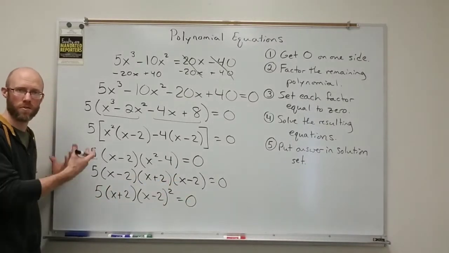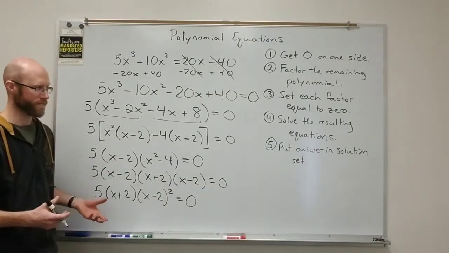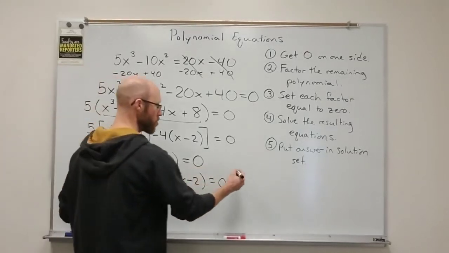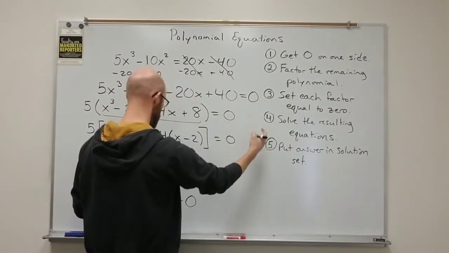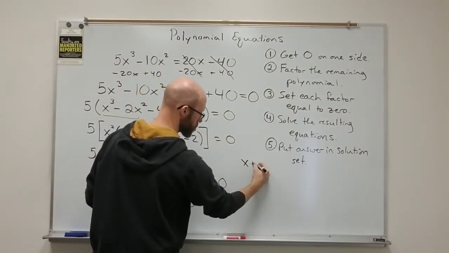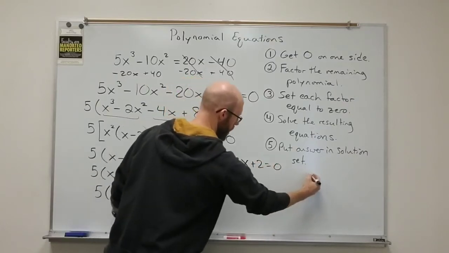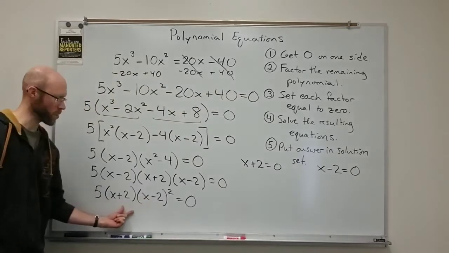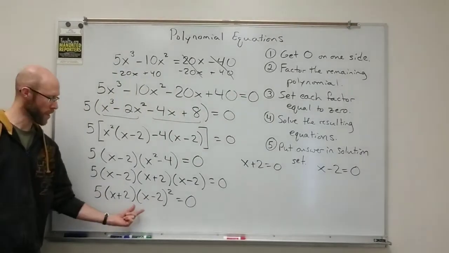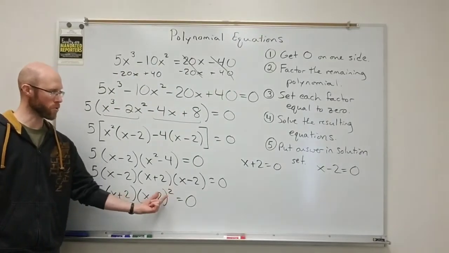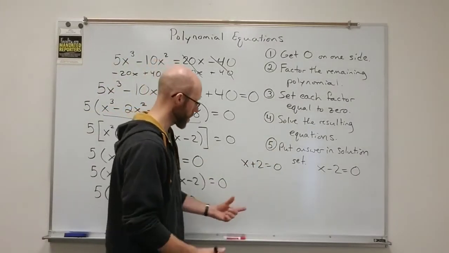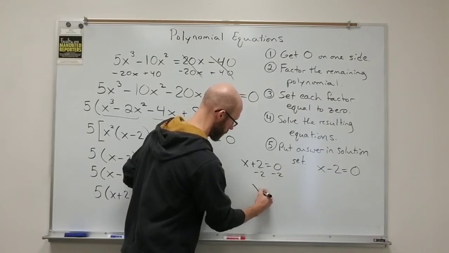So the 5 is just sort of an additional constant that's multiplying to 0. It doesn't matter. So really all I need to do to solve or to set the factors equal to 0 is make x plus 2 equal to 0 and x minus 2 equal to 0. Those are the only two factors we really need to deal with. Remember the other x minus 2, there's a second x minus 2 in there, but it's going to give us the same answer.